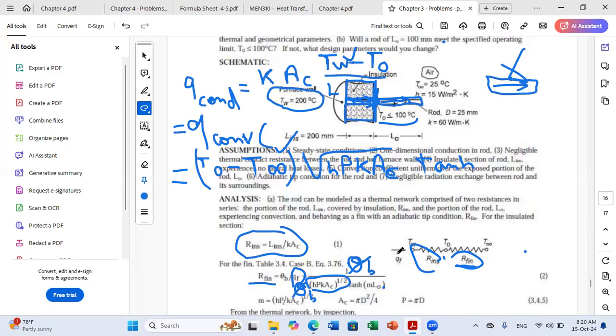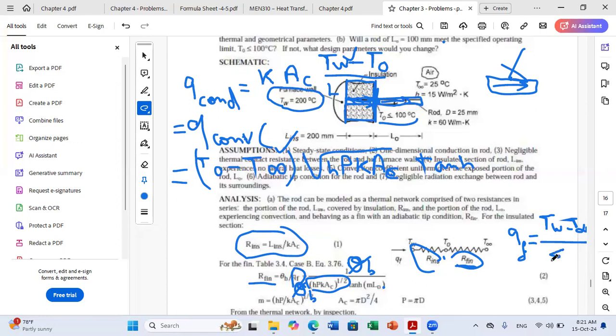I can calculate the value of Q by saying that Q_f is T wall minus T infinity over the summation of resistances.